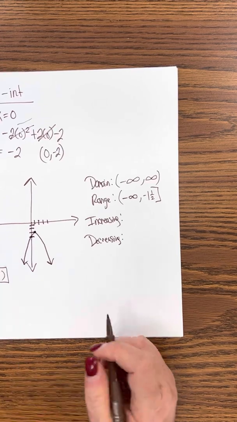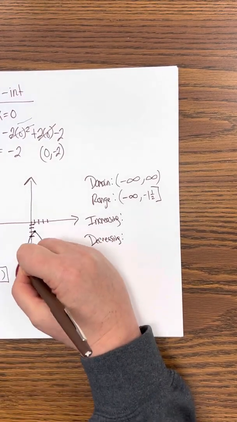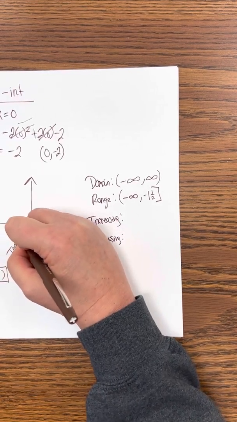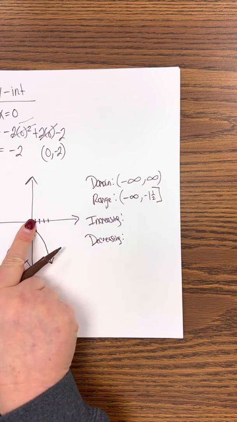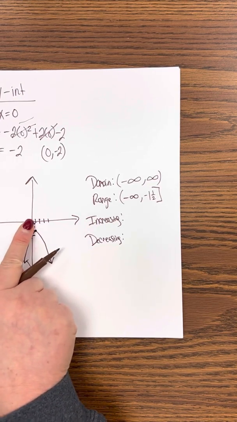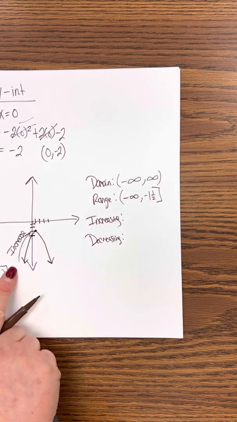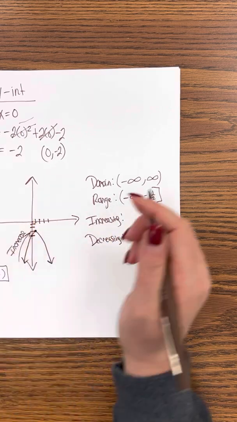Your increasing is this side this time. So this side's going up. That's where it's increasing. So that's going to be negative infinity to, remember, you're using the x coordinate, or the x variable. So it's going to go negative infinity, and that, remember, was the half mark. So at a half.